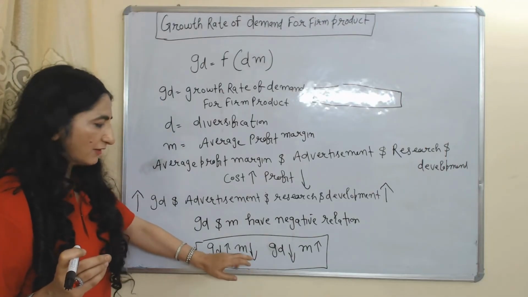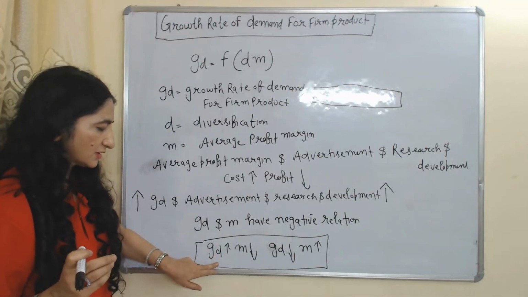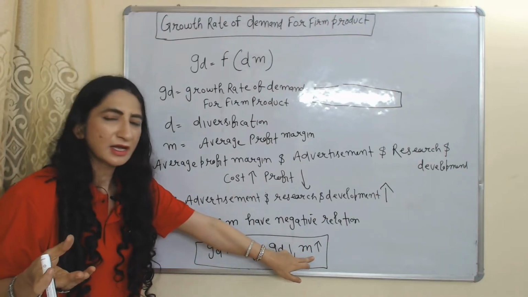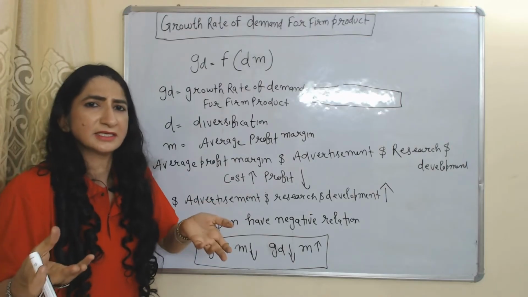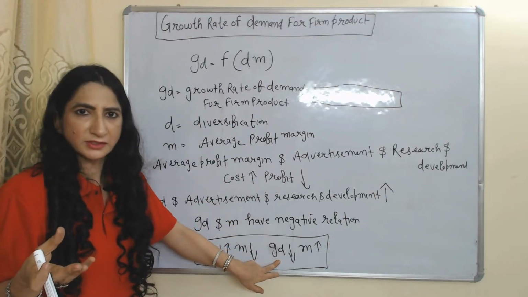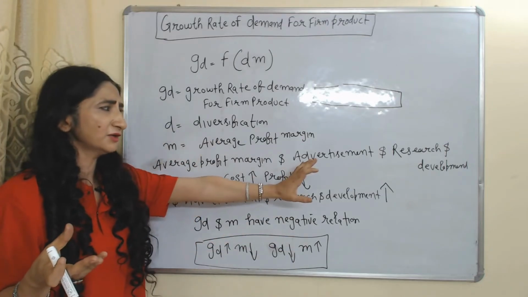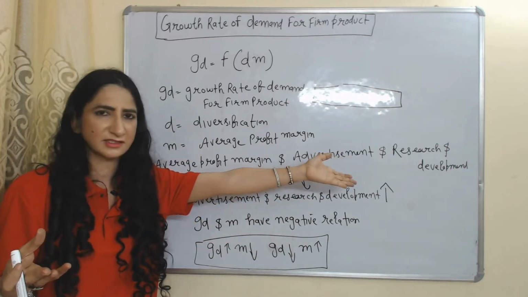When average profit margin falls, that means demand for the product is increasing. On the other hand, when average profit margin is increasing, demand for the firm's product is reducing. If average profit margin is increasing, that means you are not doing any kind of expenditure on advertisement and research and development.